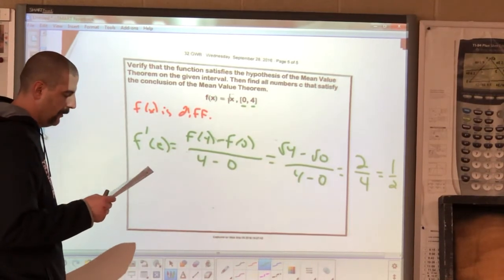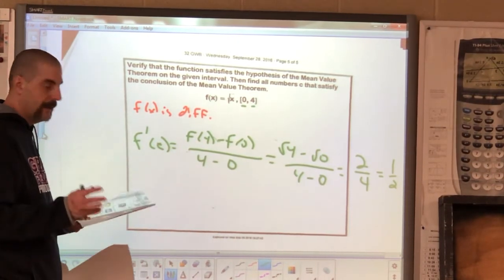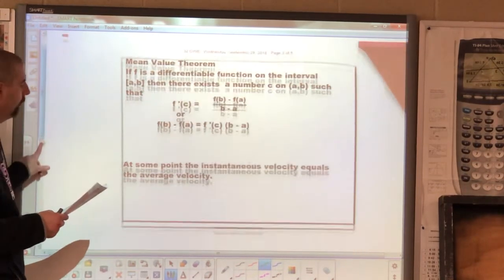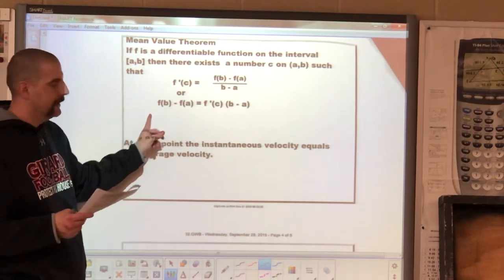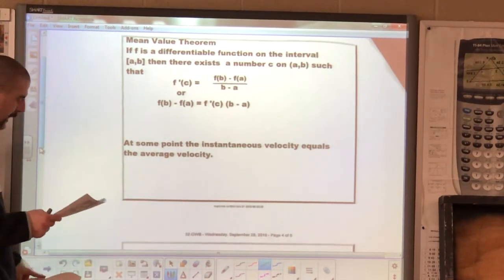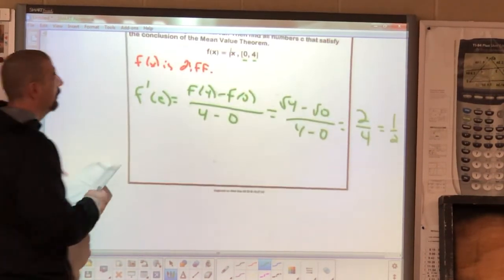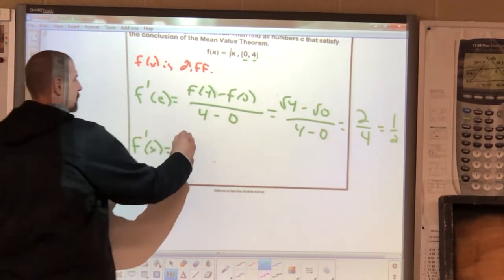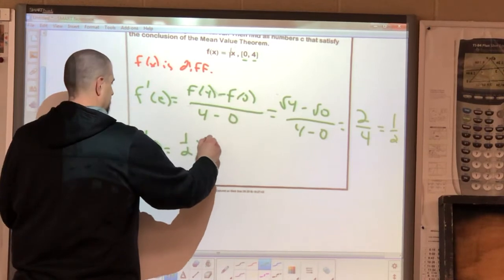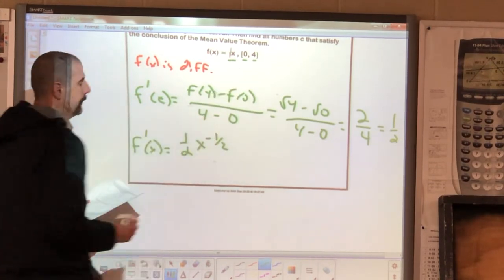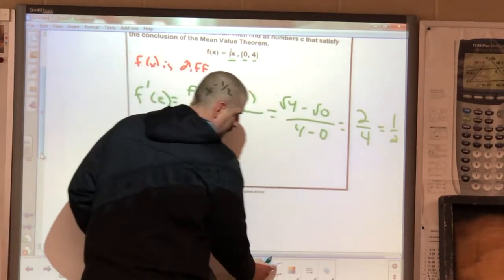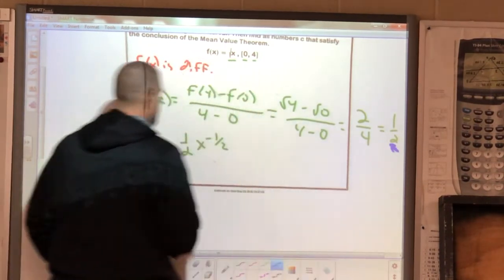Okay? Any questions there? All right, so now we need to find the derivative. So f prime of x is 1/2 x to the negative 1/2, that's the derivative of square root of x. So this number right here, we're going to set it equal to that.